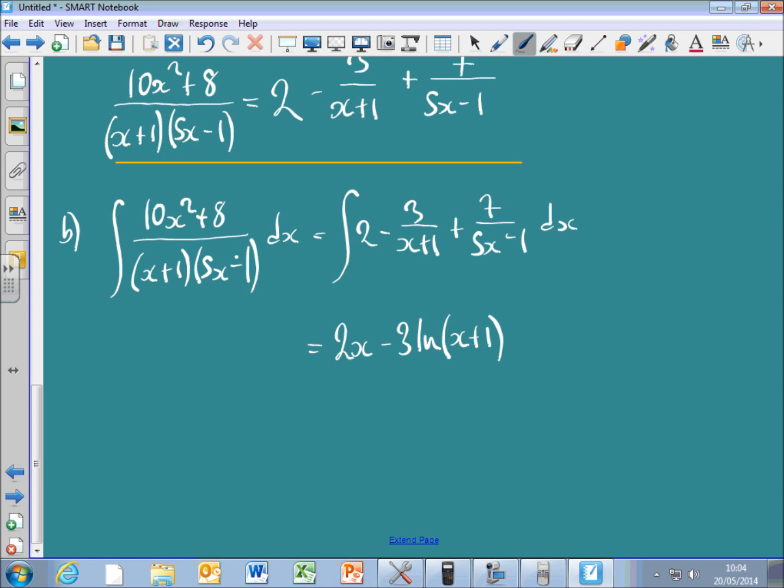And if I try and integrate this last term, it's going to be ln of 5x minus 1. There's definitely going to be a 7 in front of it, but if I were to differentiate this and try and get it back to the same, I'll multiply by 5, so I'm going to have to divide by 5, so this is going to be 7/5. And there's a plus c on the end.